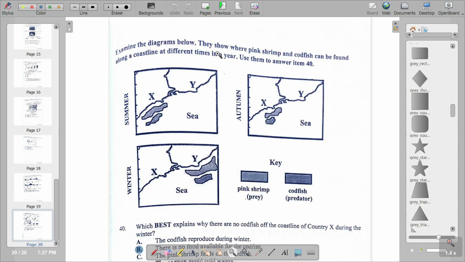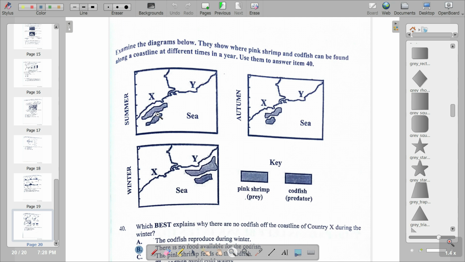Examine the diagrams below. They show where pink shrimp and codfish can be found along a coastline at different times in a year. Use them to answer item 40. So we have a key here that says pink shrimp is prey, codfish is a predator, right?